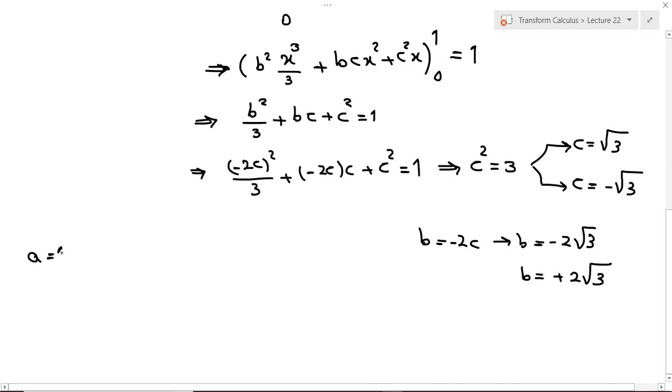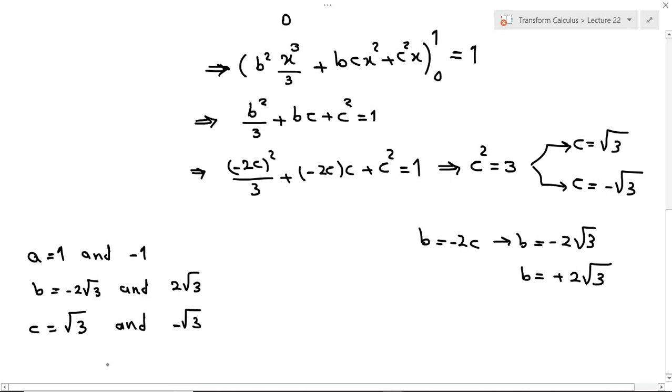A can be equal to 1 and minus 1. Two values for b. B can be equal to minus 2 root 3 and 2 root 3. And c can be equal to root 3 and minus root 3. As a result, we have 6 answers for these 3 constants.